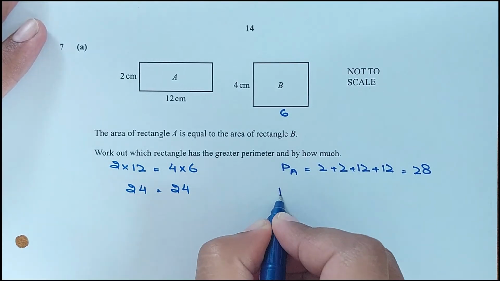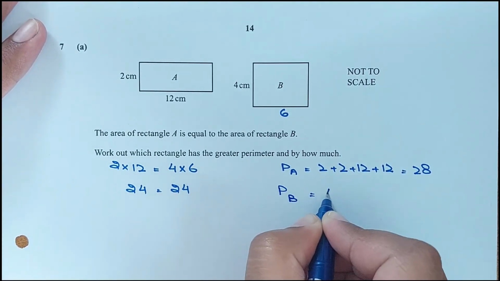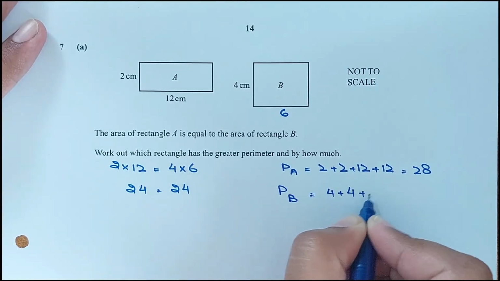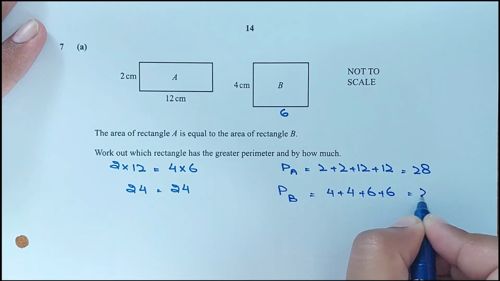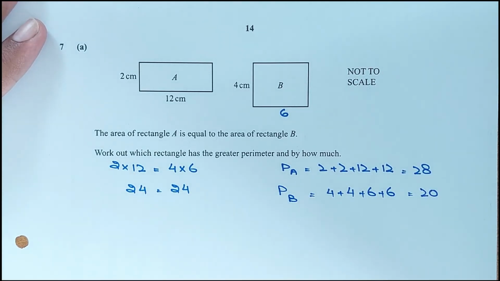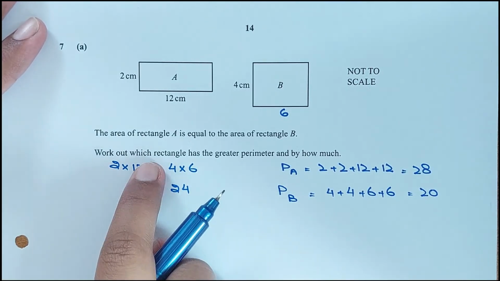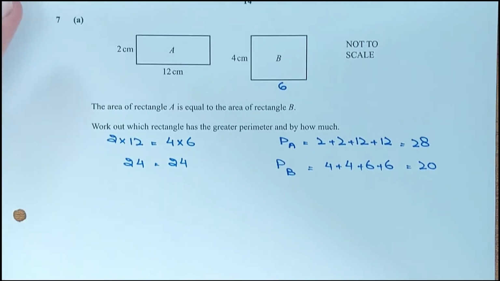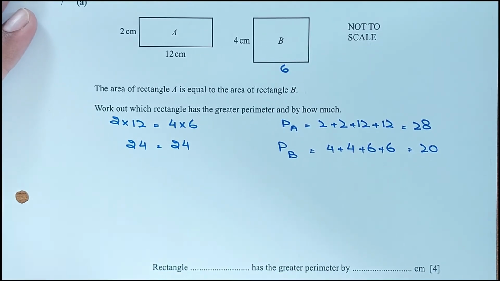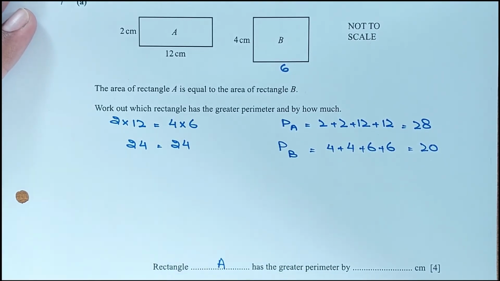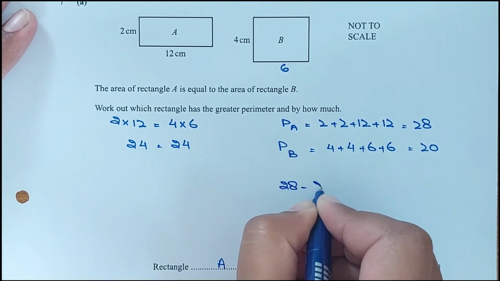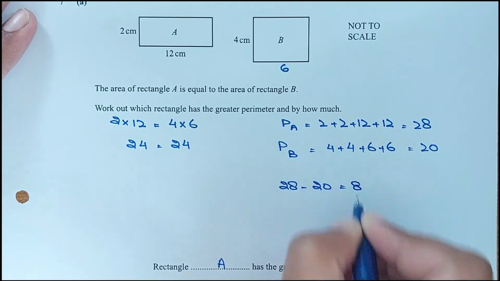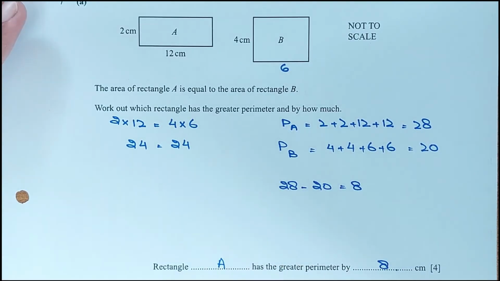And perimeter of B is 4 plus 4 plus 6 plus 6. 6 plus 4 is 10, 6 plus 4 is 10, which is 20. Okay, so which rectangle has the greatest perimeter? So the rectangle A has the greatest perimeter, and by how much? So 28 minus 20, 8 centimeter, right?